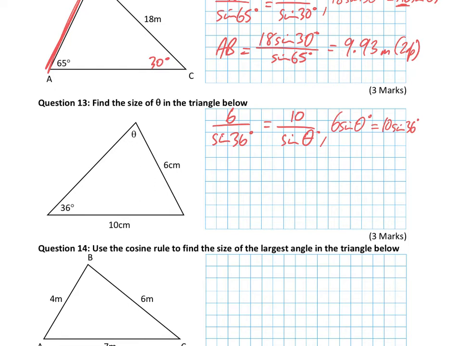I don't want to lose accuracy, so to get rid of this 6, I divide both sides by 6, so sine theta is equal to 10 sine 36 over 6. I cannot divide both sides by sine using my calculator, so I use the inverse sine. Sine to the negative 1 of 10 sine 36 degrees over 6.